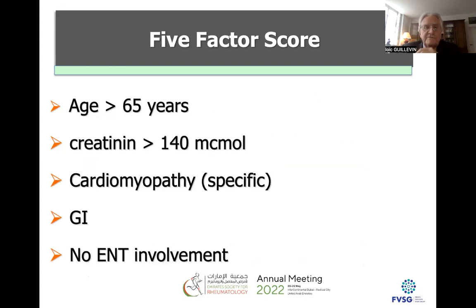And we have 2 versions, but the new version, the more recent one, is age over 65, creatinine over 140, cardiomyopathy, when specifically attributed to the disease, and gastrointestinal involvement. And we also observed that involvement of ENT, when present, confers to the patients a better prognosis than when they do not present ENT involvement.